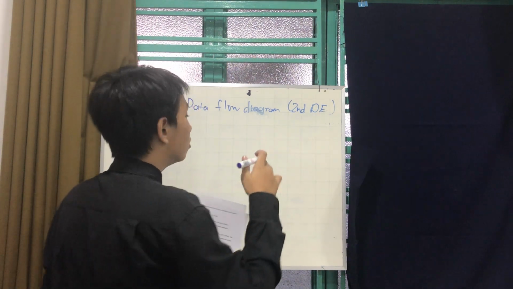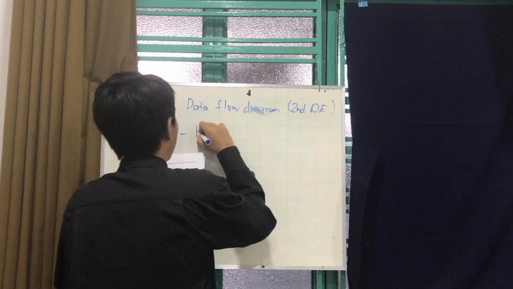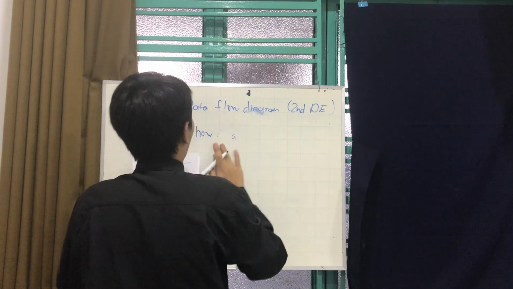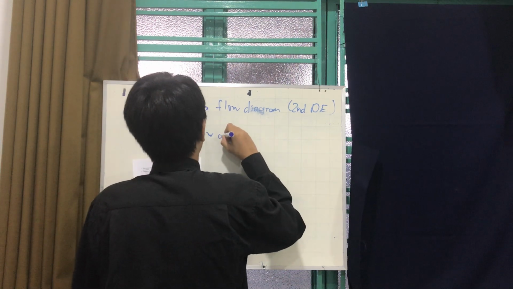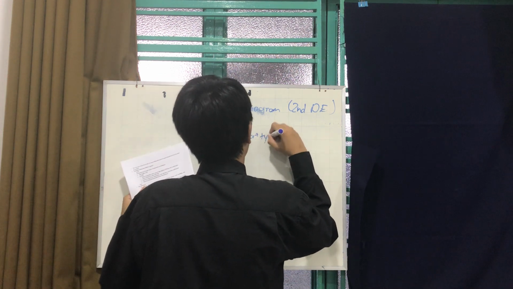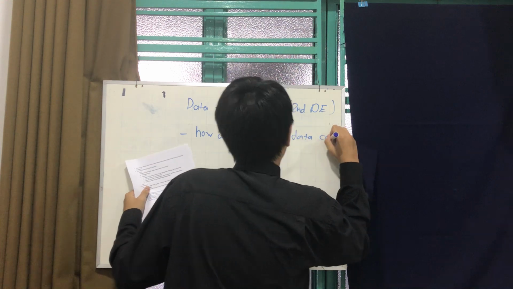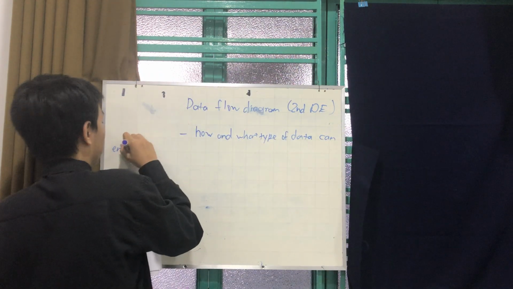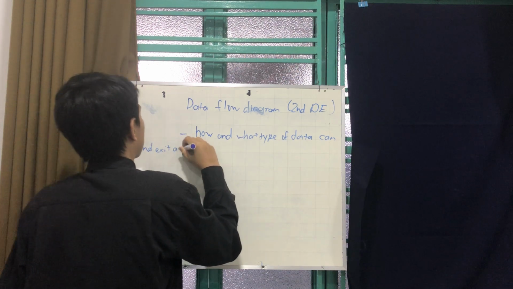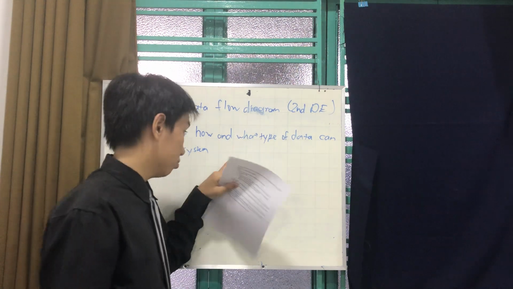So what I'm going to do is that first I'm going to bring out how and what type of data can enter and exit the system. So that is what I'm going to do.